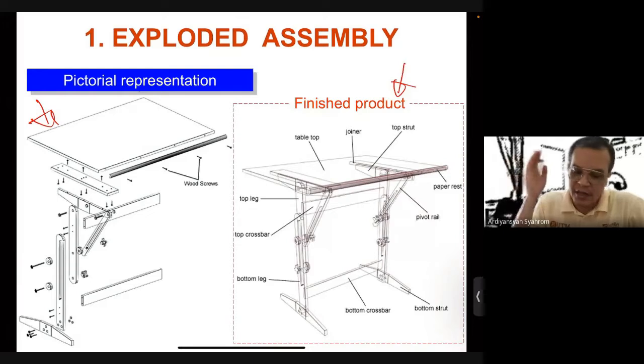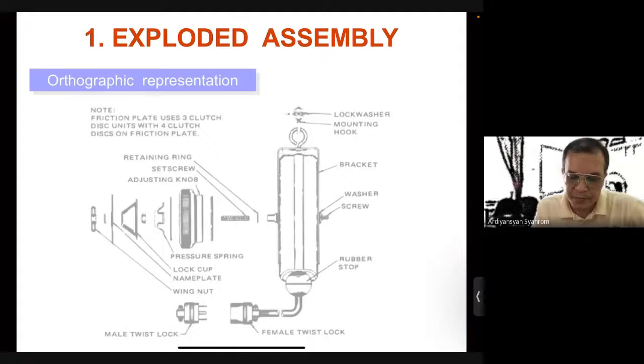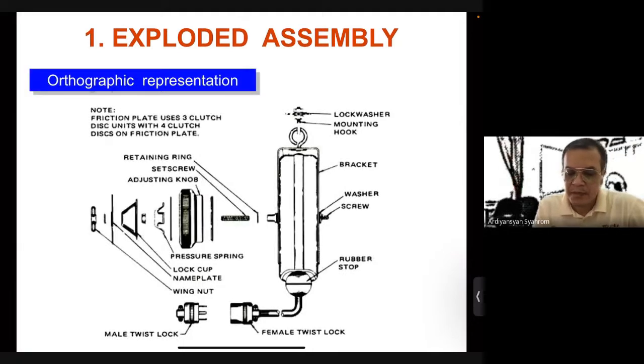That is the assembly working drawing, the second one. The first is the exploded assembly. The same exploded assembly, but this one we call orthographic representation. You can choose that one or the previous one, it depends on you.